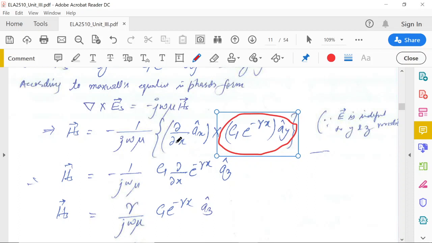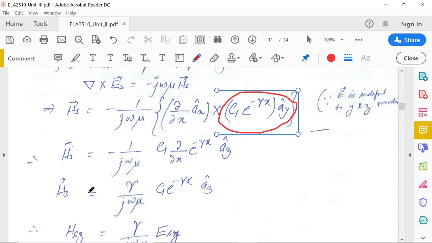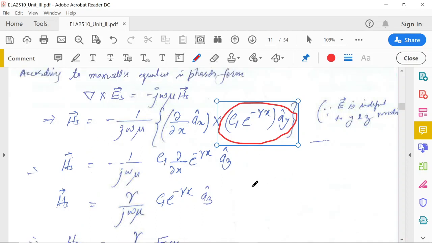When you take the cross product of these two factors, you have del over del x equal to minus gamma, and Ax cross Ay gives you Az. So again Hs has a direction along the z axis. So if E is in the direction of the y-axis, then Hs comes out in the direction of the z-axis, meaning they again come out perpendicular to each other.